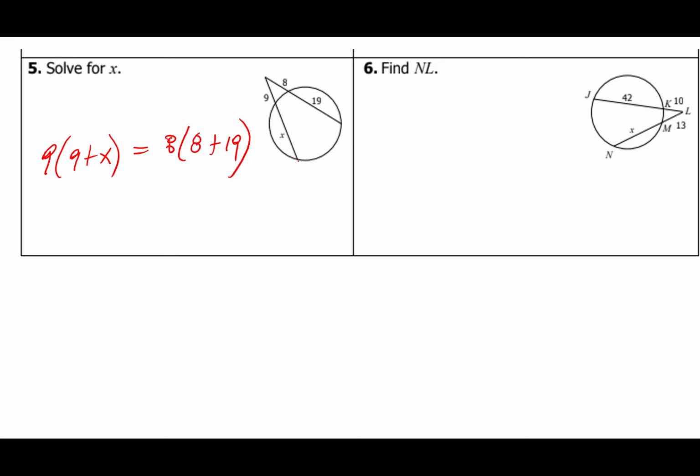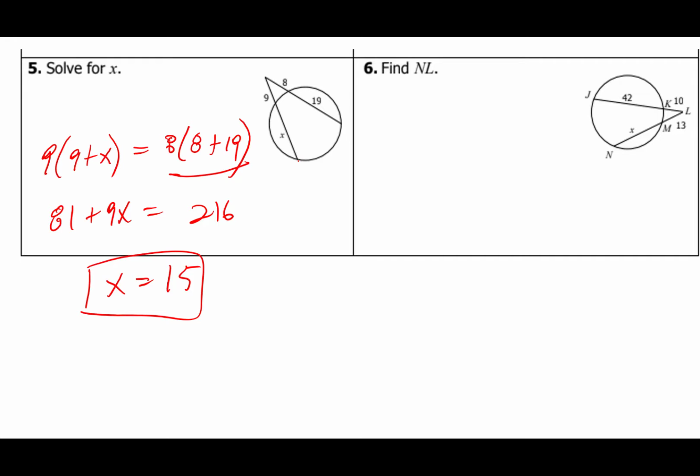Doing that right here, we're going to get this piece right here, which is going to be 216, and this piece right here going to be 81 plus 9x equal to that. Solving that, we're simply going to get x to be equal to 15. If you solve that equation, you're going to get x equal to 15.